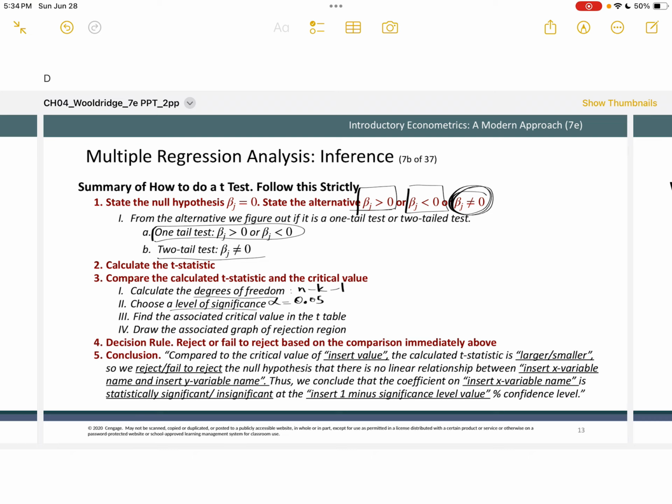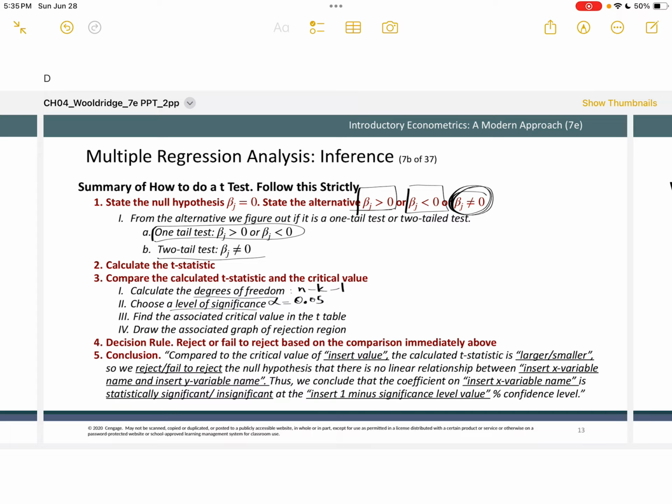So we have done all of this: found the critical value, drawn the associated graph, and demarcated the rejection region using both the significance level and the critical value. What's next? You compare your calculated test statistic to that critical value.